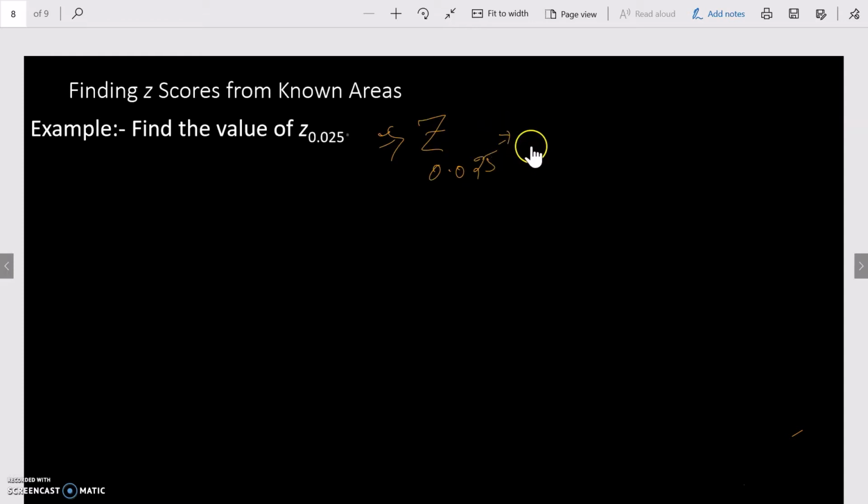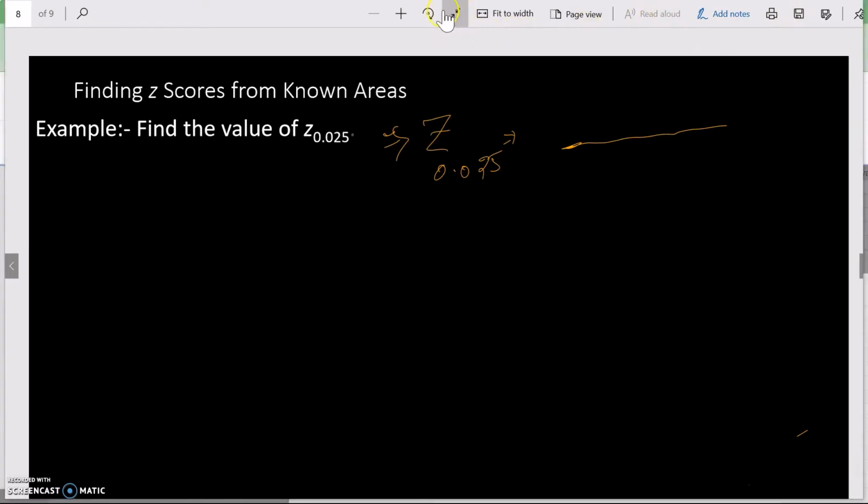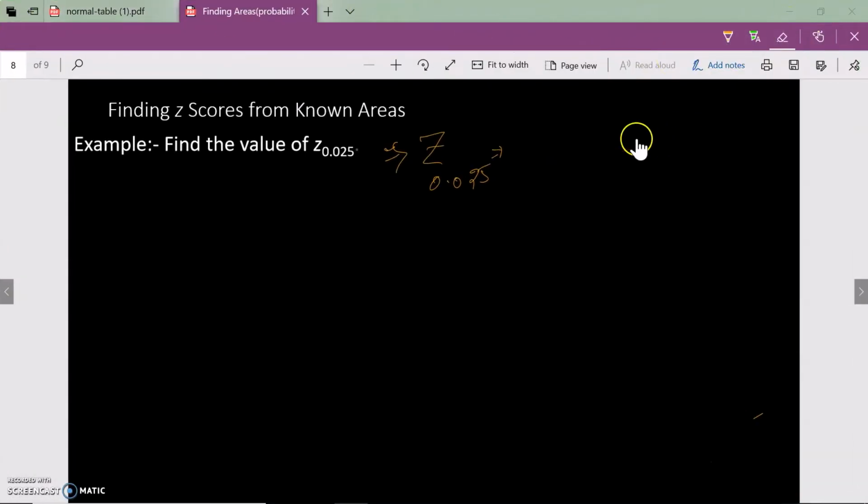It means you are asked to find the z-score such that the area to its right side is 0.025. Let me make a picture here. We are asked to find a z-score, this one, such that this area is 0.025. That's what is asked.